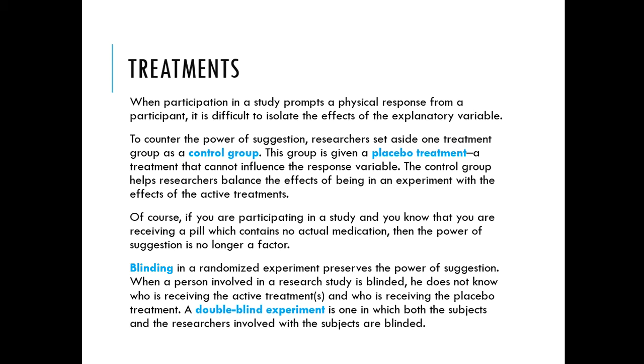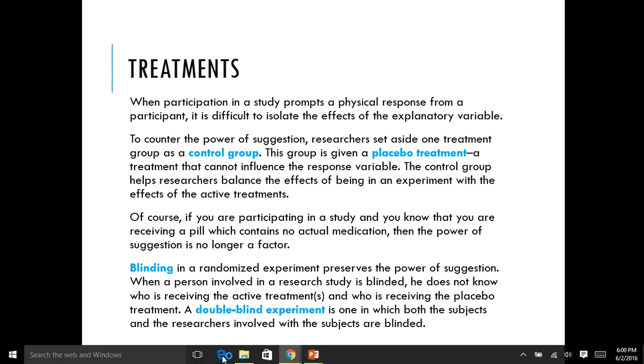So what we do sometimes is called blinding, so that the person in the study doesn't know what group they're in. Usually when you're doing trials for drug testing or anything that would be used for people or even animals, you have to do a double-blind experiment where the subject and the researcher have no idea what's being tested on them and what amount.